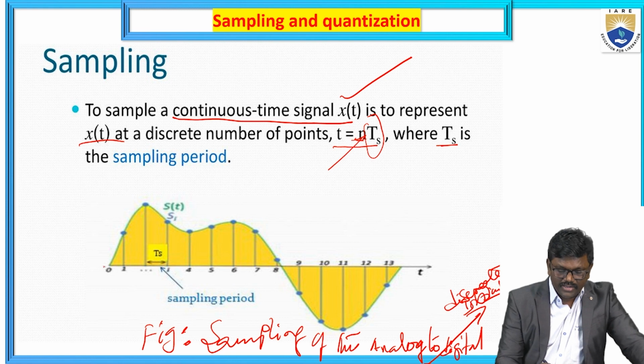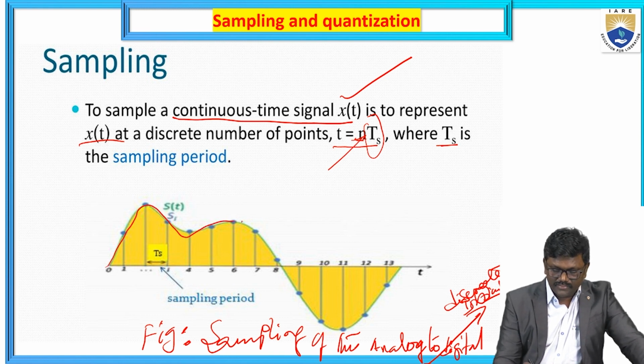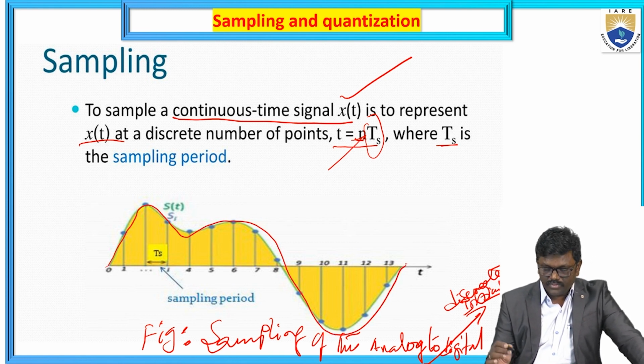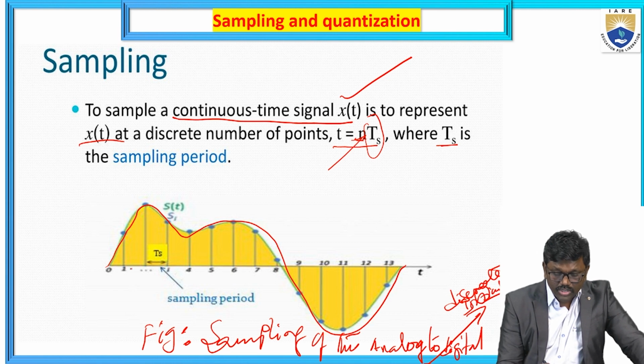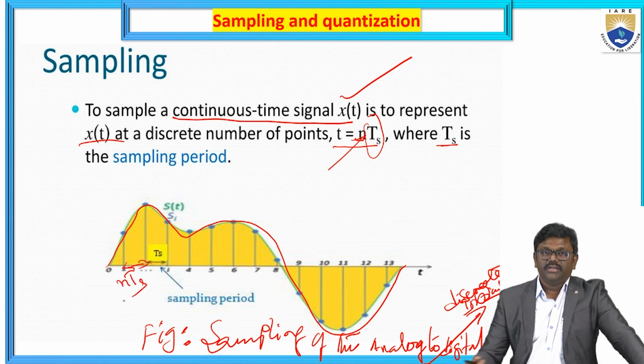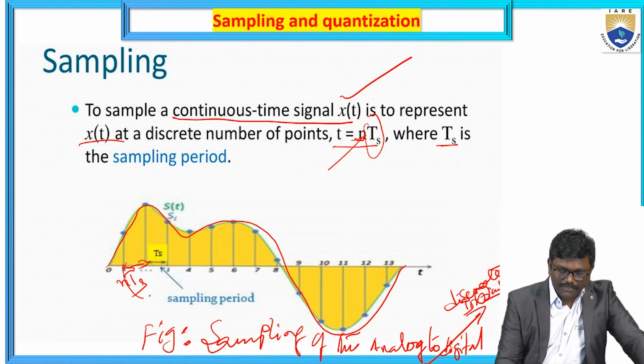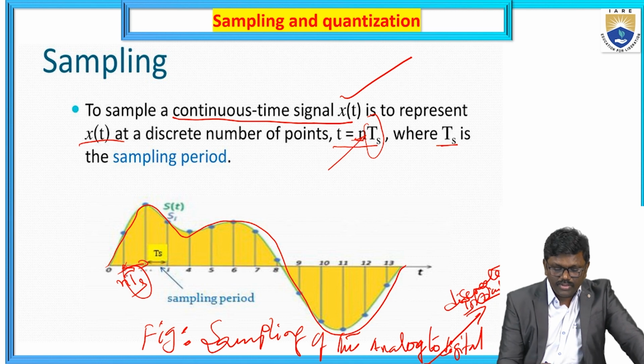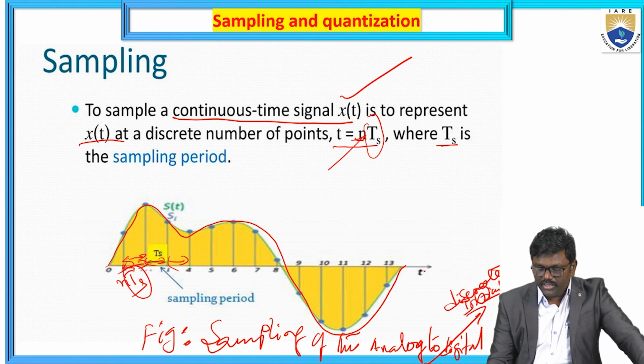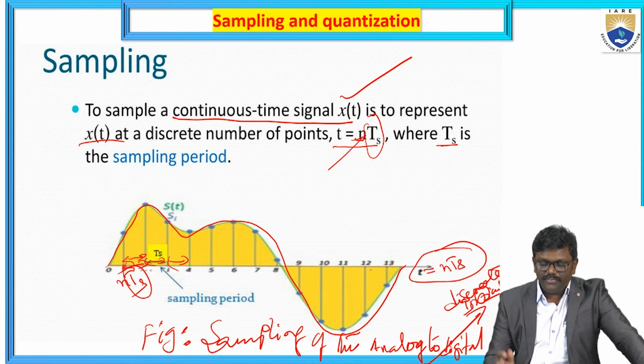What do you mean to understand here? A signal which is like this. Here you are keeping the intervals n, Ts, that is the number of time periods, the sampling periods. Right now you are going to maintain equal intervals, up to whatever your t value is defined. It will be sampled.